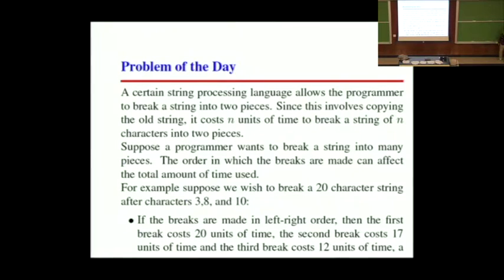What's the cost of this one cut that we make? There's no decision about which cut we have to make. It's got to be the middle one, right? And what's the cost of that going to be? The length of the string. And what's the length of the string? 10 minus 3. Does everybody agree? Okay, now we're in business.